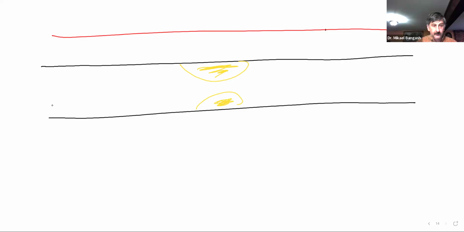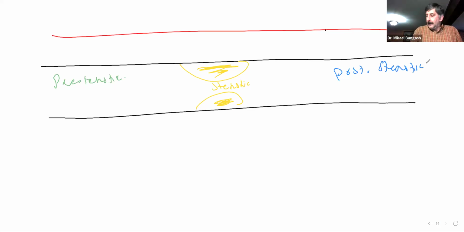We call this area stenotic, and what we had after the stenosis was going to be post-stenotic. Did you guys get that?